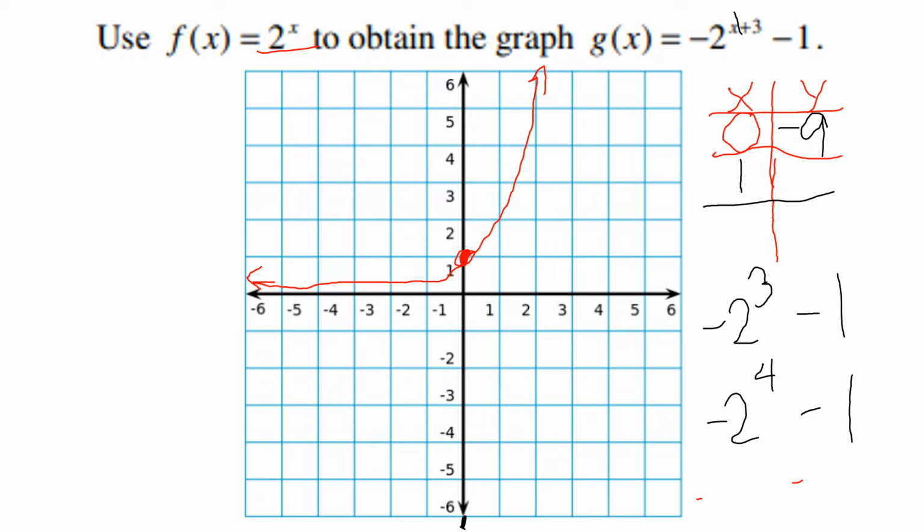So I know you guys are doing this in decimals at home, which is fine. And when we're doing class, it's going to be real easy to deal with. All right, so let's do this. So we get negative 16 minus 1, and that's negative 17.